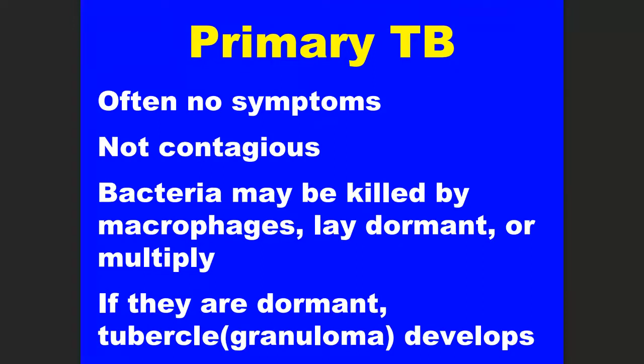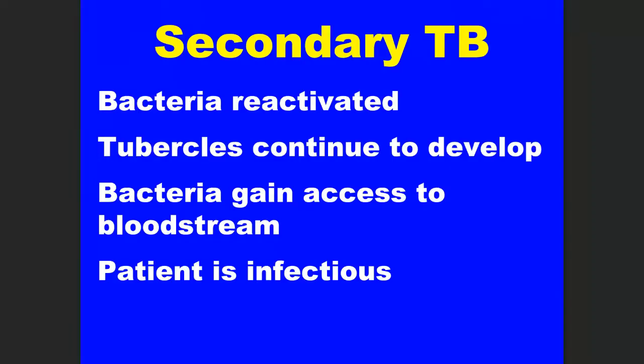But in secondary reactivated TB, this would normally happen if their immune system becomes weak for some reason. Then this is where the person experiences really violent symptoms, and it's very possible for it to spread to other organs and tissues if it's not contained.